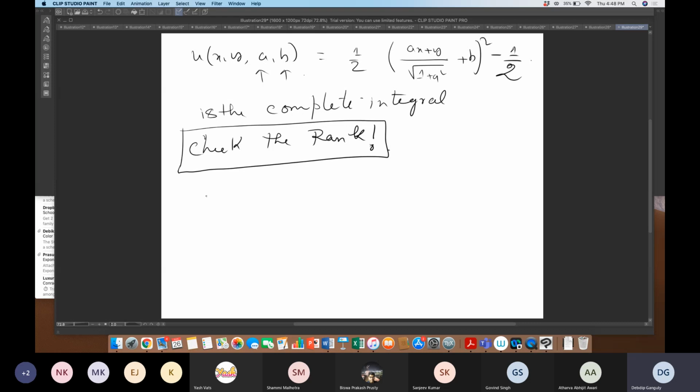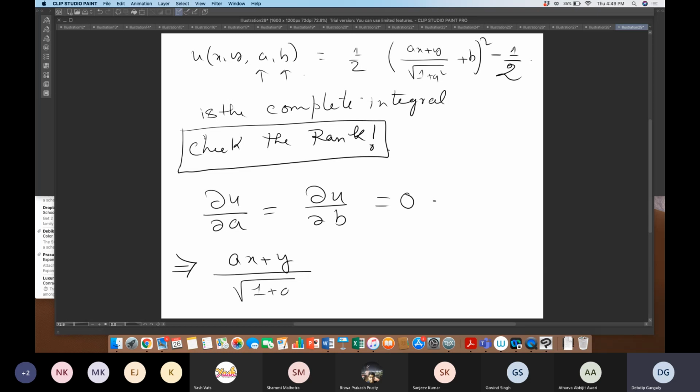What you have to do? You have to make del u by del a equal to del u by del b equal to 0. If you make this 0, this implies (ax + y)/(1 + a²) + b has to be 0. These two equations will give you this.